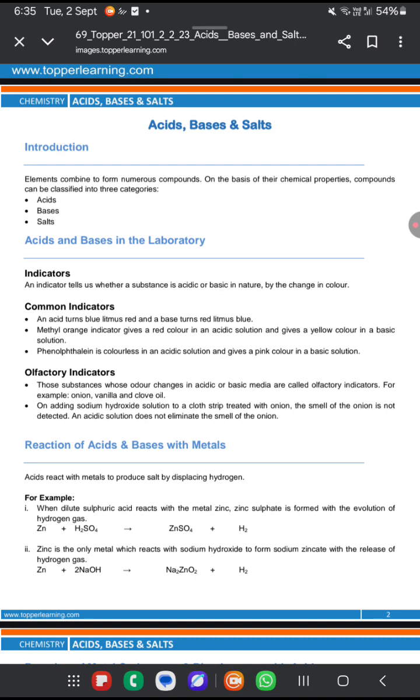Olfactory indicators: those substances whose odor changes in acidic or basic media are called olfactory indicators. For example, onion, vanilla, and clove oil.